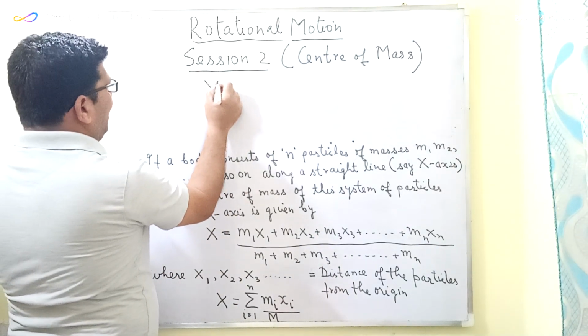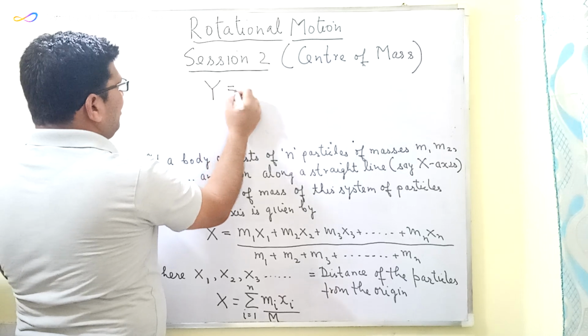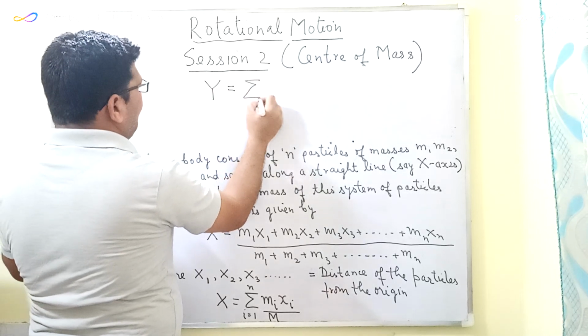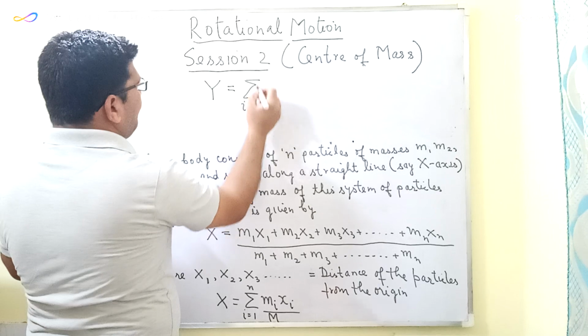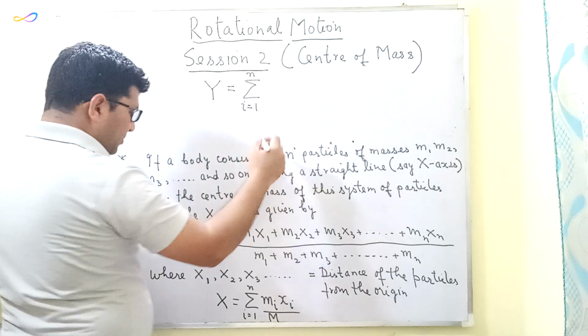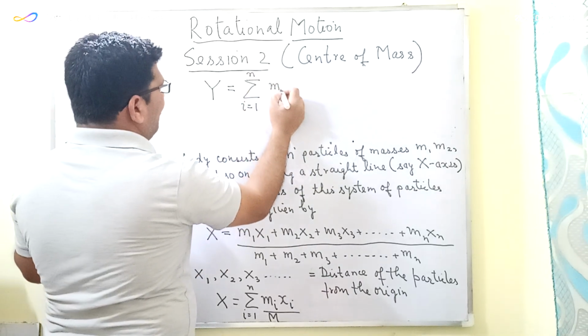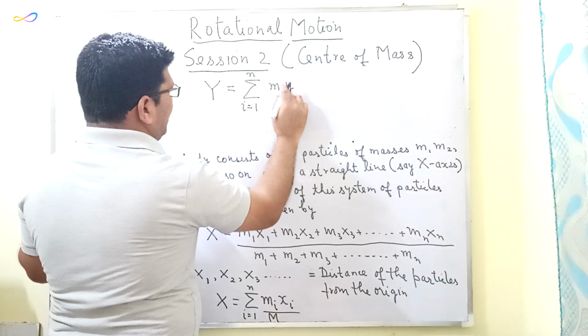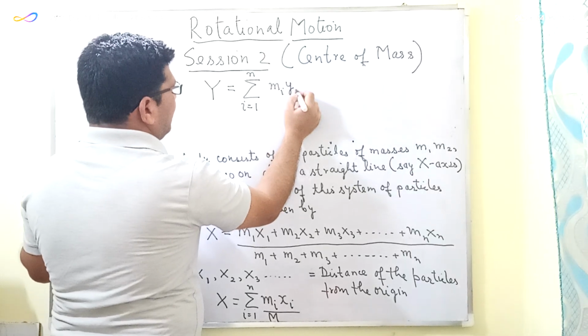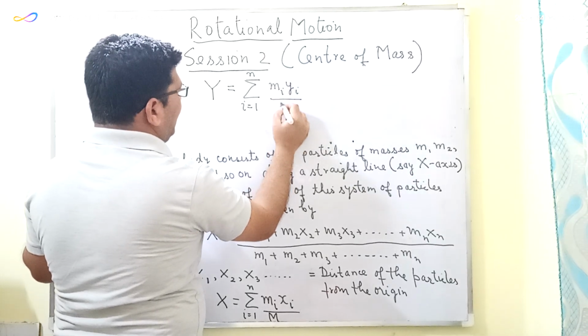Let us say it is y, which is equal to the summation of mi yi divided by m.